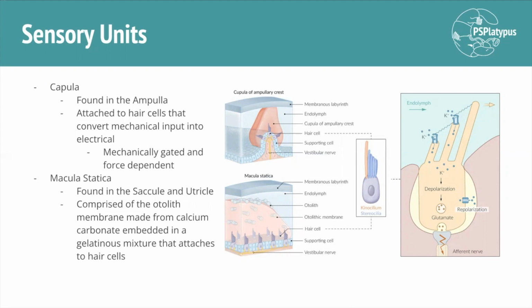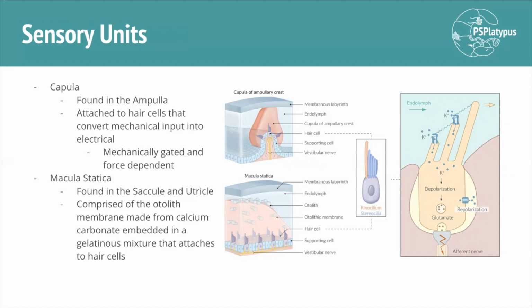These both feed into hair cells found very similarly in the cochlea, and basically they are mechanically gated stereocilia, which bend depending on the deflection of the fluid within our canals. The capilla is found in the ampullas, whilst the macula is found in our sacculus and utricle.